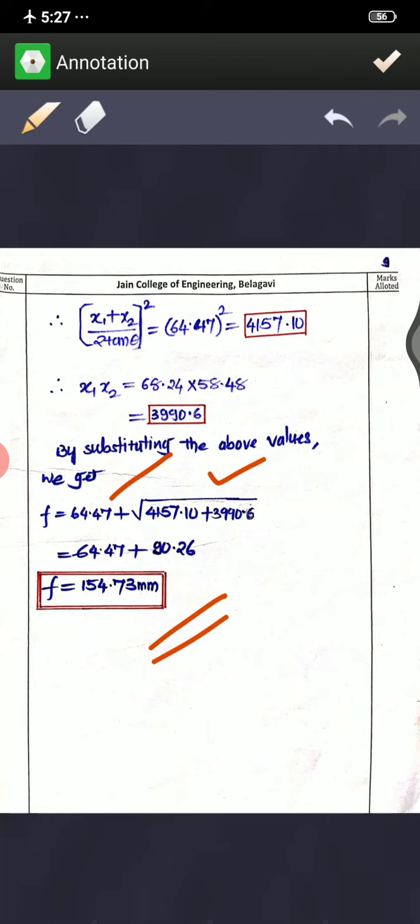Then part 2 was terrestrial photogrammetry, and a few derivations we saw there. This is part 3, where we have the remaining derivations. In part 2 we did derivations 1 and 2 of terrestrial photogrammetry, and in this part 3 the remaining derivations of terrestrial photogrammetry and the problems we have solved. So parts 2 and 3 are all about terrestrial photogrammetry.